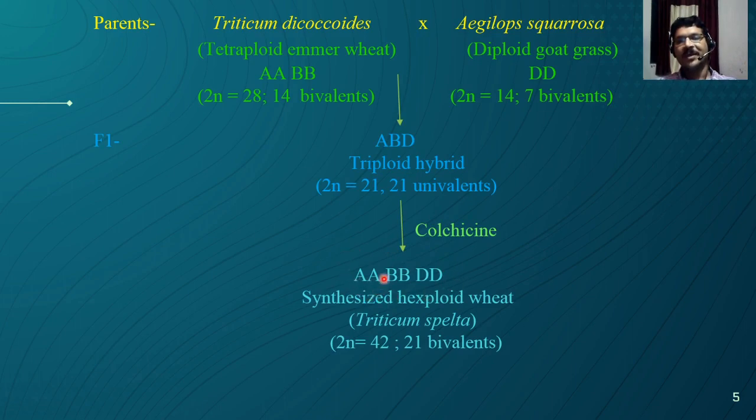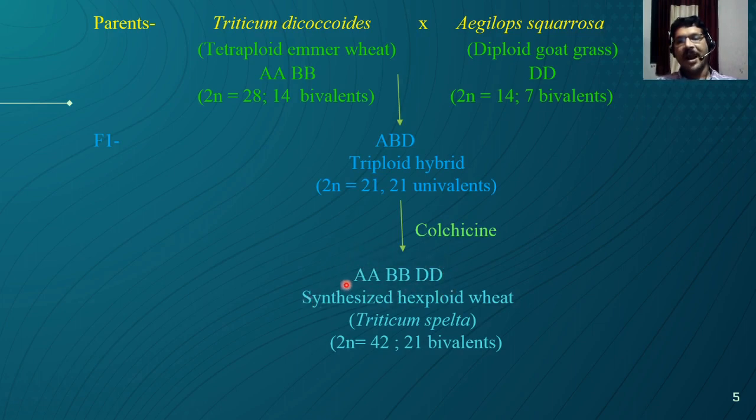So you can see 2A, 2B and 2D are formed. From these 3 sets of chromosomes, due to colchicine treatment, a hexaploid plant is produced, an organism with 6 sets of chromosomes.